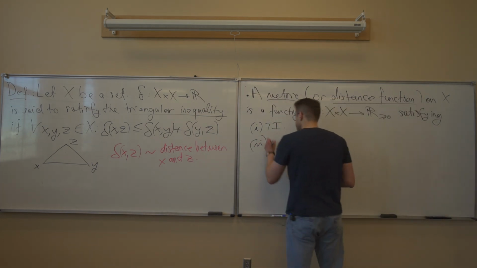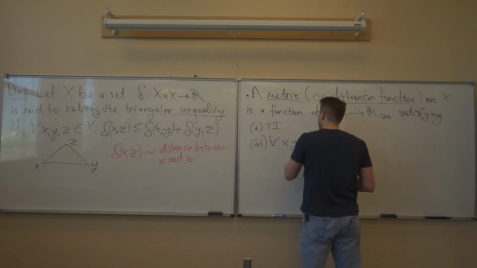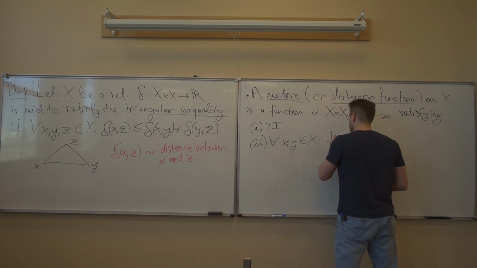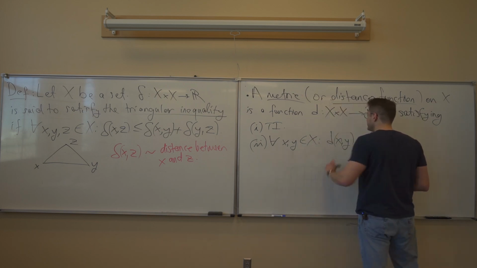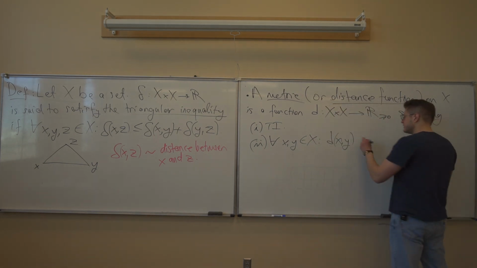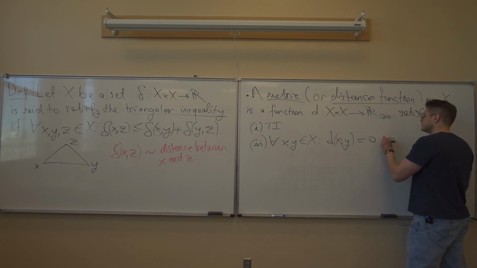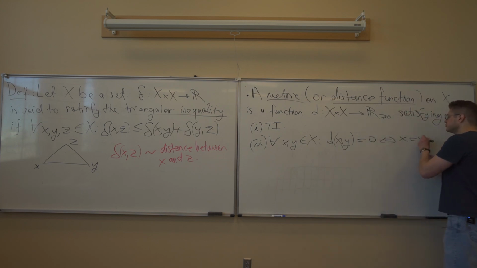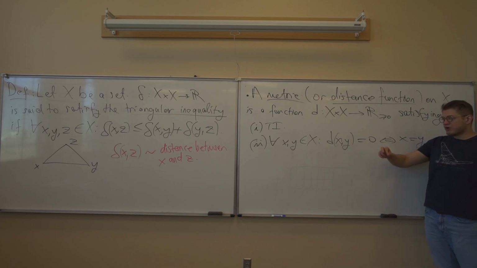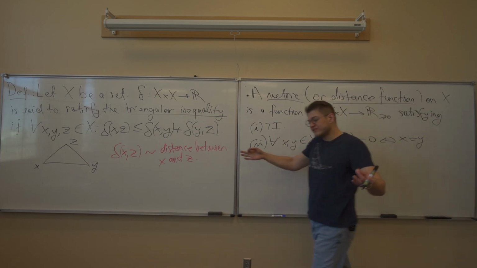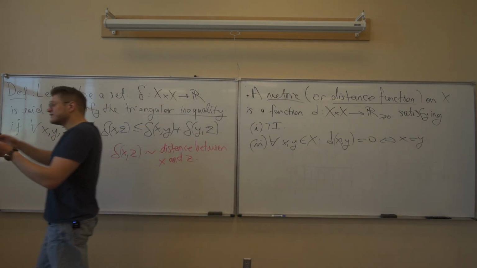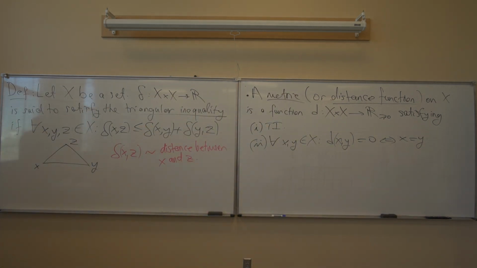So, for any x and y in X, the distance between x and y is 0 if and only if x is equal to y. So not only is the distance between a point and itself 0, but furthermore, given any two distinct points, there is a positive distance between them. So you don't allow two distinct points to be at the same place.